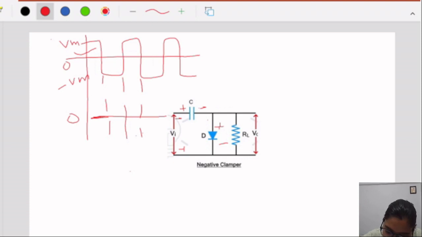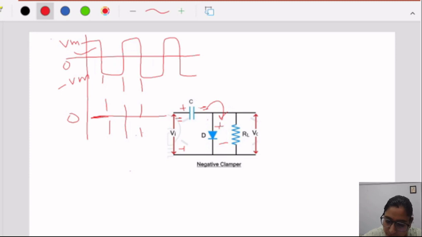Why so? Because this negative of the battery is connected to positive of the capacitor, and this negative of the capacitor is connected to positive of the diode. So both of these are making this diode work in reverse bias condition. What happens then? In reverse bias condition, it will work as an open circuit and no current will flow towards this diode.